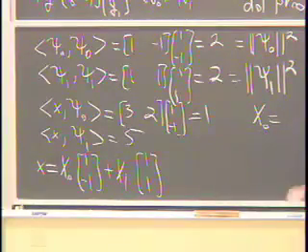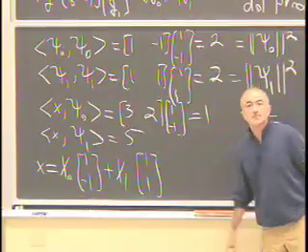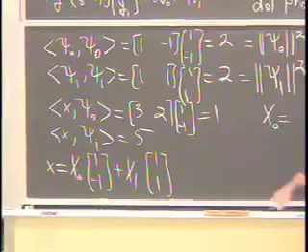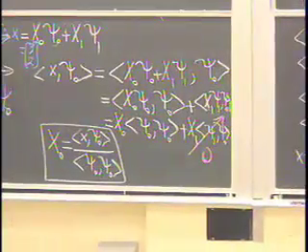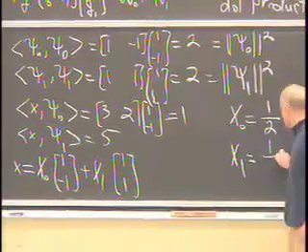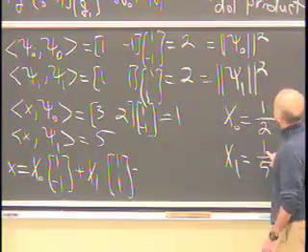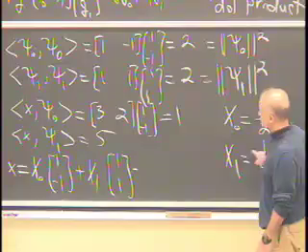So x0. I've given you the formula. Where is it? Right there. John, right there. So what have you got in the numerator? 1 over 2. And x1? 1 over 5. No. 5 over 2, sorry.